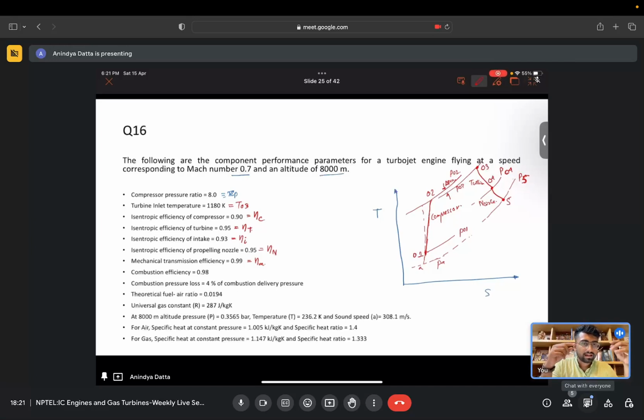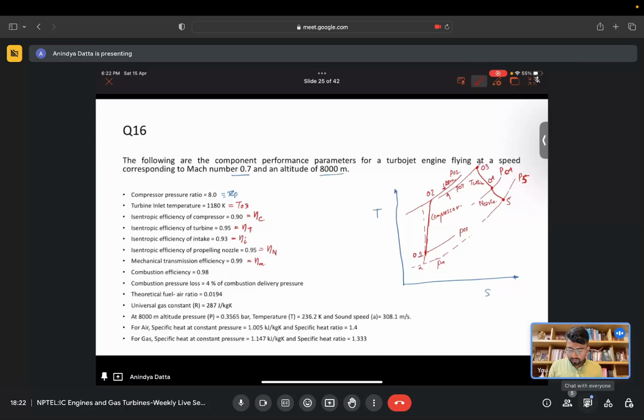But the turbine work will be slightly higher than the compressor work, because some part of it is lost due to mechanical friction associated with the shaft. That is what is quantified using the mechanical transmission efficiency.